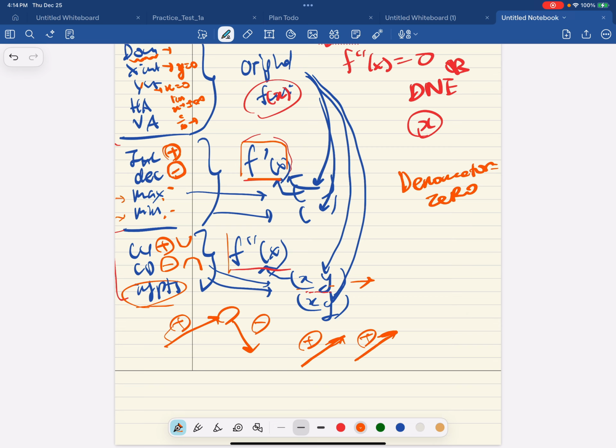That's kind of logic, because if it's going up and down, there's definitely a maximum. If it's going down and up, there's a minimum. But there won't be a maximum when it's going up and up, or when it's going down and down. There is no minimum or maximum here.